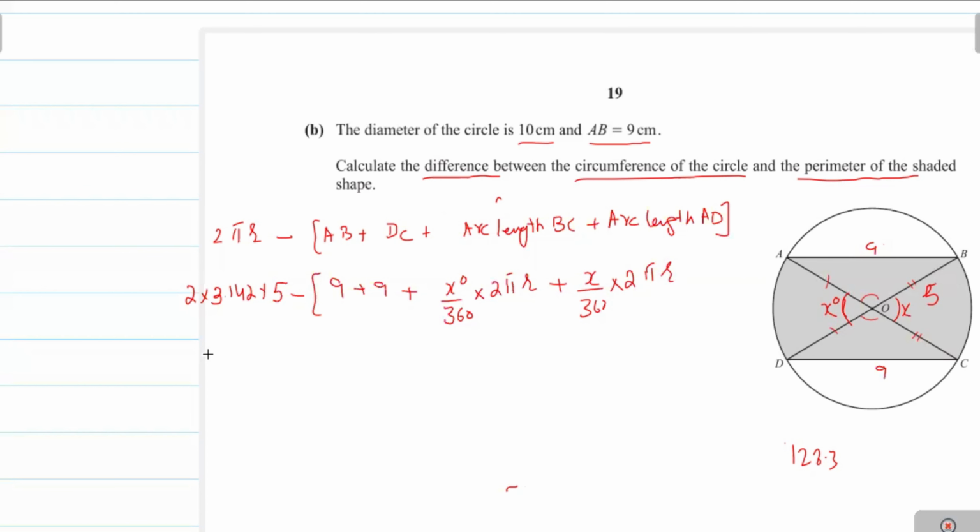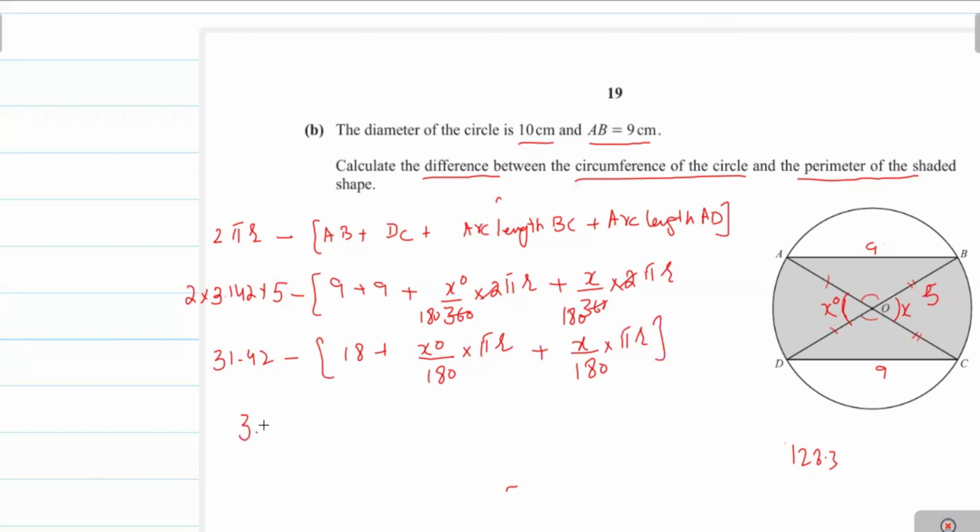Now we write here 31.42 minus 18 plus x degree over 180 multiplied by pi r, and this also is x over 180 into pi r.